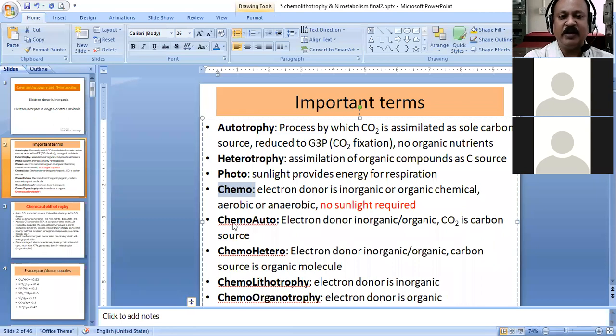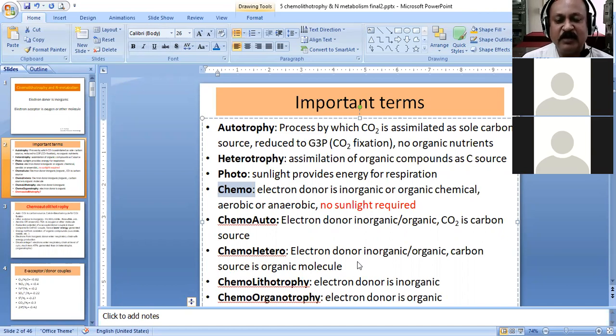The word chemo actually means either inorganic or organic; that is not specified. And when we say it is a chemoheterotrophic organism, the electron donor again is organic or inorganic, but the carbon source is an organic molecule, a substrate molecule like succinate or fumarate. Then we call these organisms chemoheterotrophic.